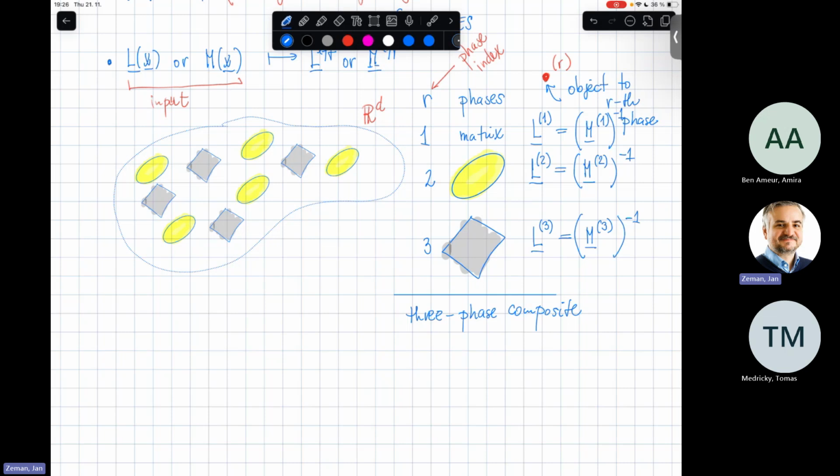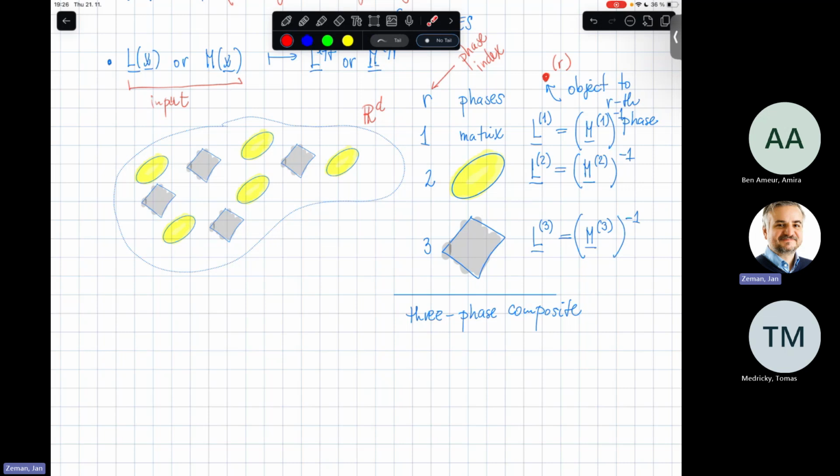So this is one object which I get in order to get this L of x or M of x prescribed, and now I have separated the phase properties, which are hidden either in this guy or that guy, from the spatial distribution.